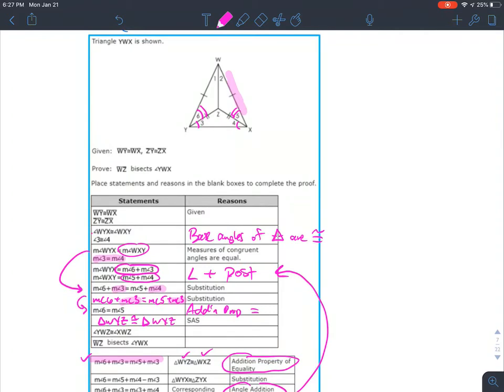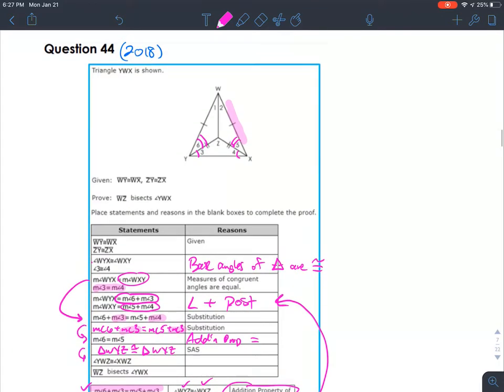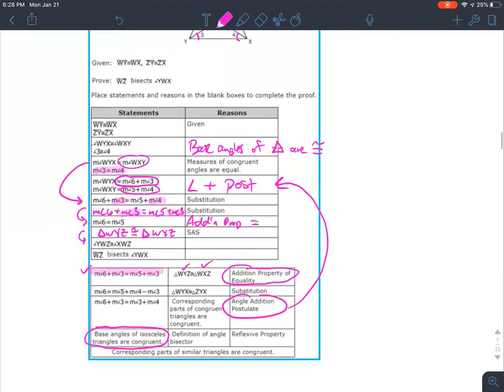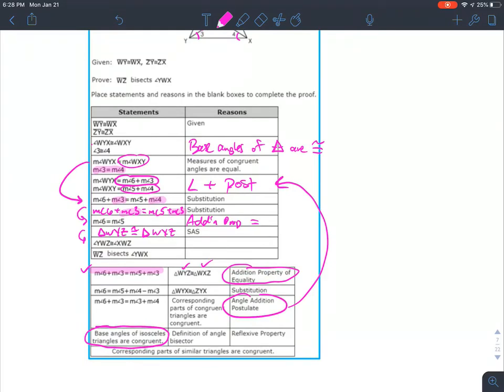Then the next line, which comes directly from this, is picking out two specific angles and saying those are congruent. That's what I said at the beginning. I don't know why they just don't use angle 1 and 2. Why are they congruent? Those are corresponding parts of congruent triangles, CPCTC. They're not similar. They're congruent.